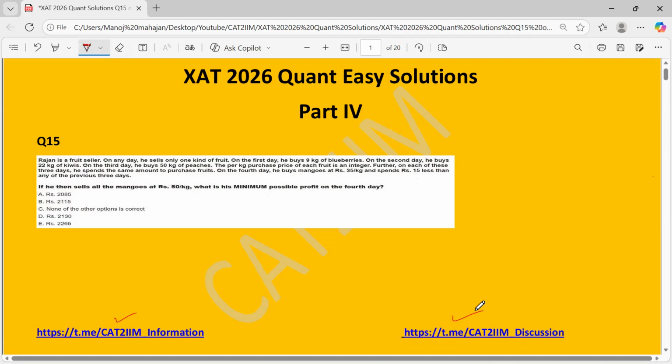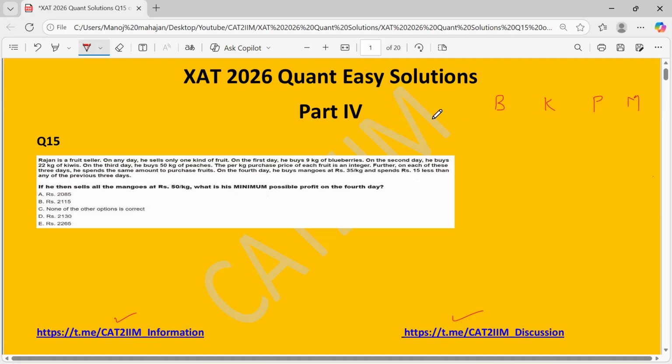Now, this is question 15 out here. So if you read this, what is given is there are different types of fruits. Blueberry, which I'm denoting with letter B. Kiwis, I'm saying K. And peaches is P. And then you have a mango also over here in the problem.